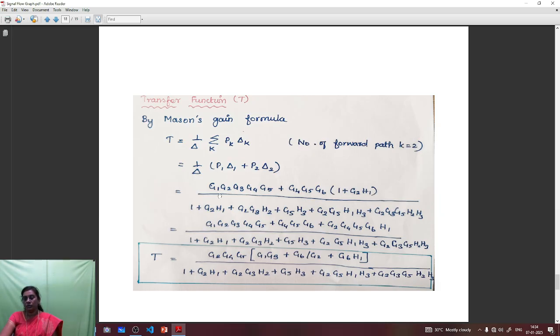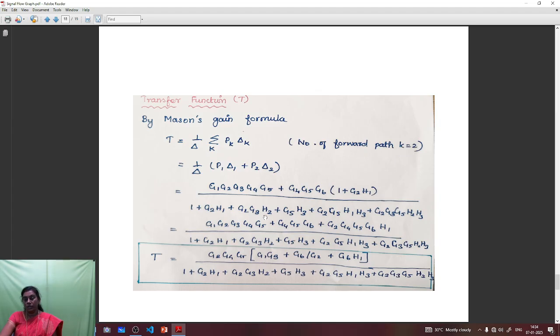After calculating all parameters, we have to substitute them in the formula, and finally we have to reduce it to get the transfer function, and this is the final transfer function we got for this system. So the system is represented in a signal flow graph.